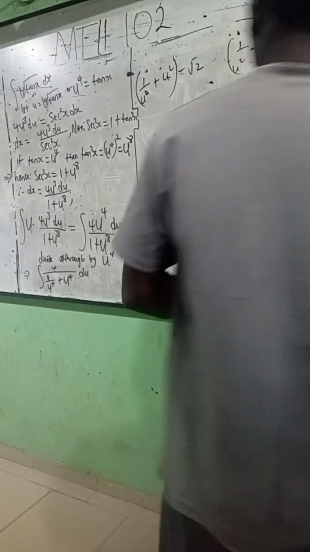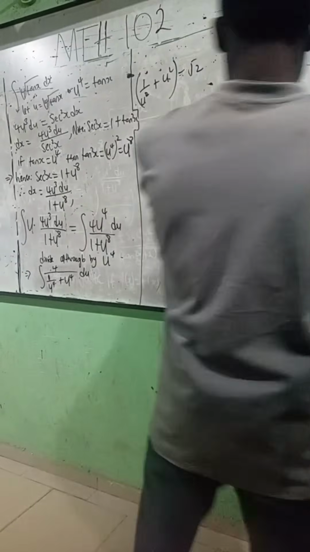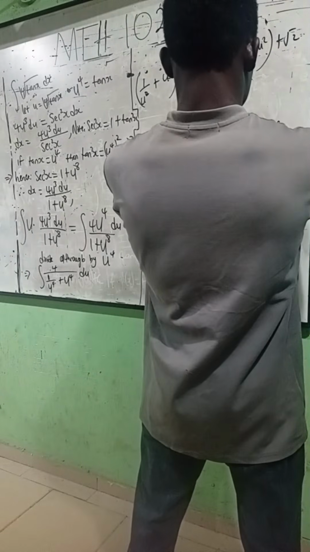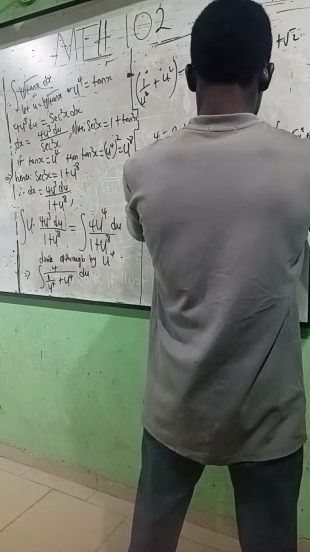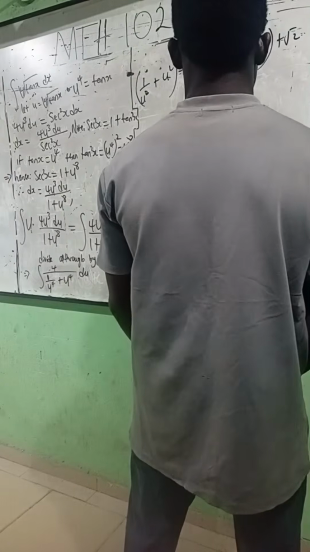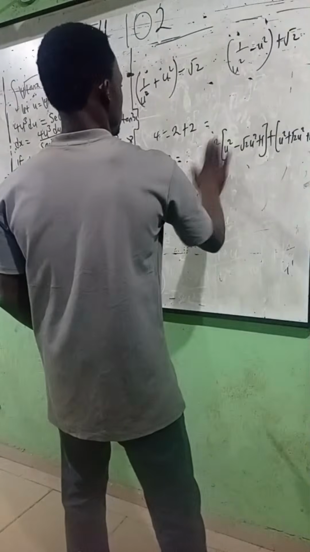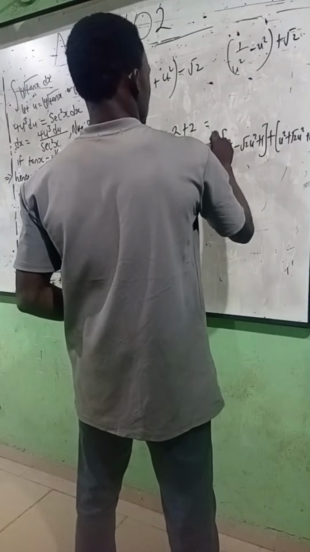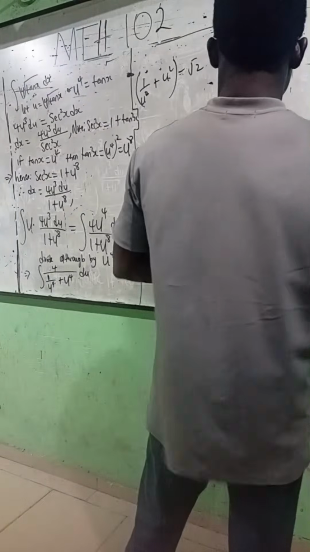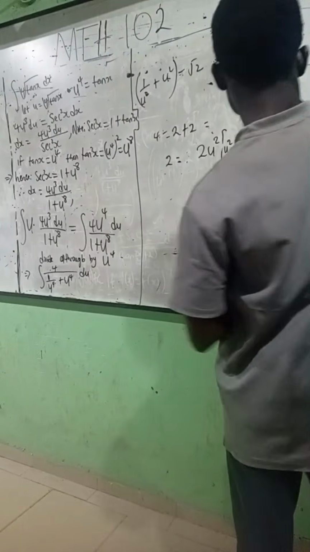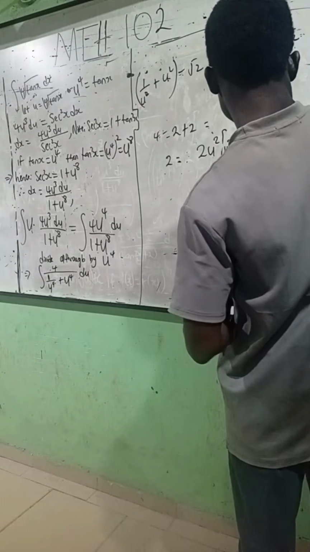Let me check. This goes, yes, 2u square. Okay, let's say this is 2u square. 4u square. Yeah, 4u square. It's minus, yeah.